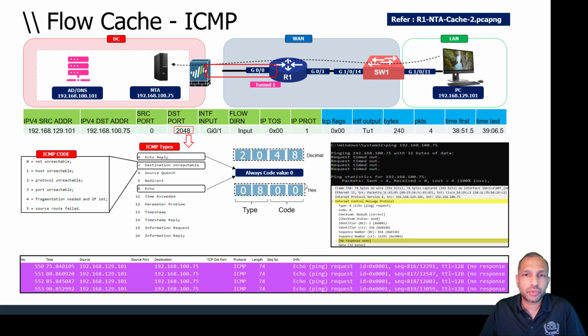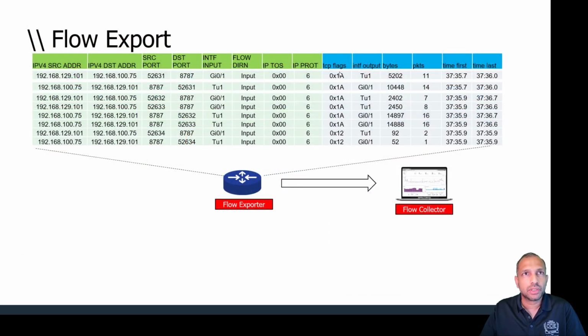So that's what we looked at: we looked at UDP, TCP, and ICMP as well. Whatever traffic you look at in a given network, you should see one of these types in the flow cache. Now, the router will not keep the flow cache information forever. This is an example of flow cache detail. The router will periodically send it to a third-party device, something we call a flow collector.